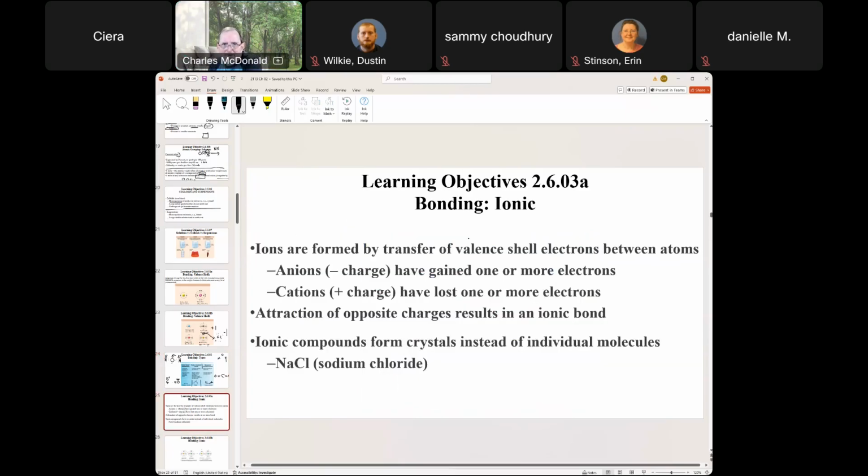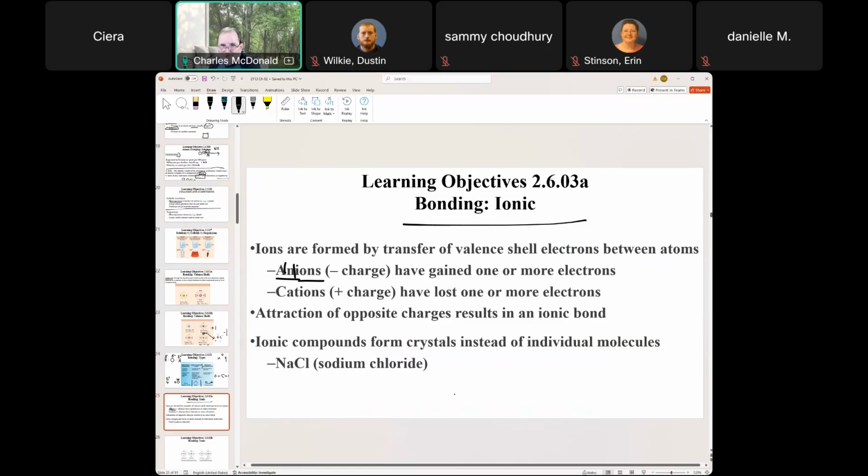Okay, ionic bonds. These guys transfer. Here, take my electron, please. The guy that gains the electron is going to have that negative charge. Here's his name, anion, a negative ion.